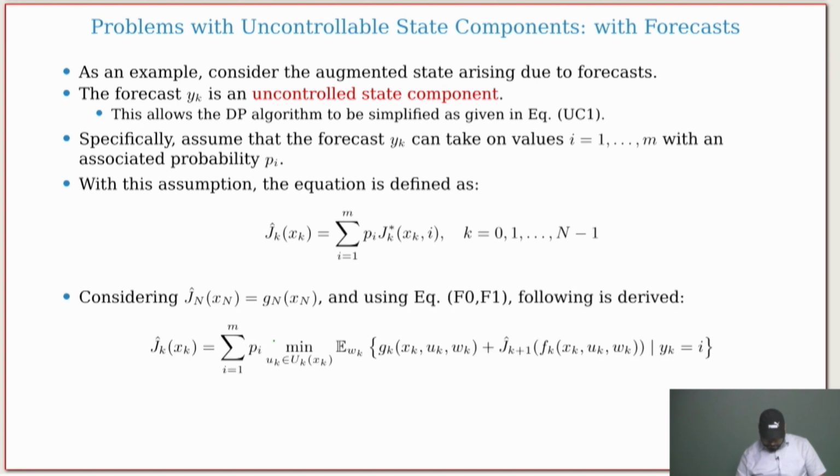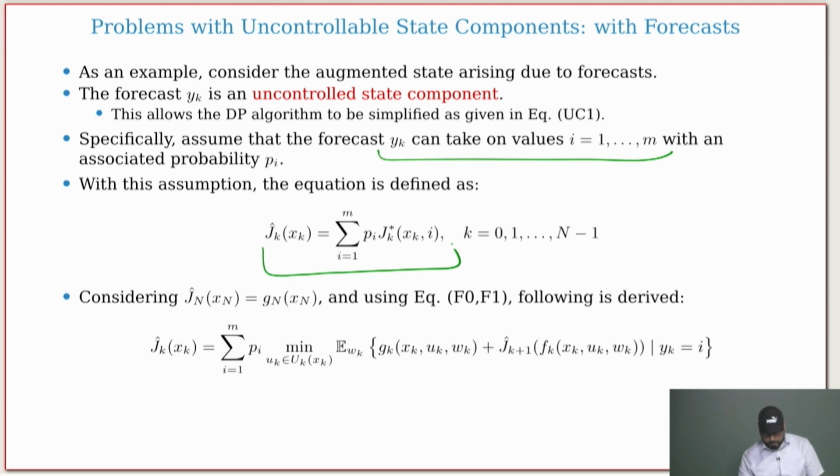Okay, so one possibility that we have also seen before is to assume that the forecast yk takes on values from 1 to m with probability pi. In that case, our cost will be written like this.